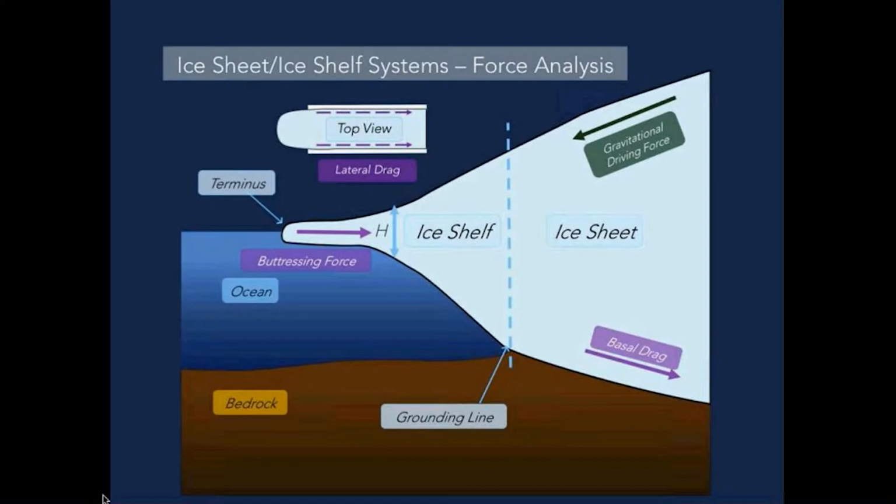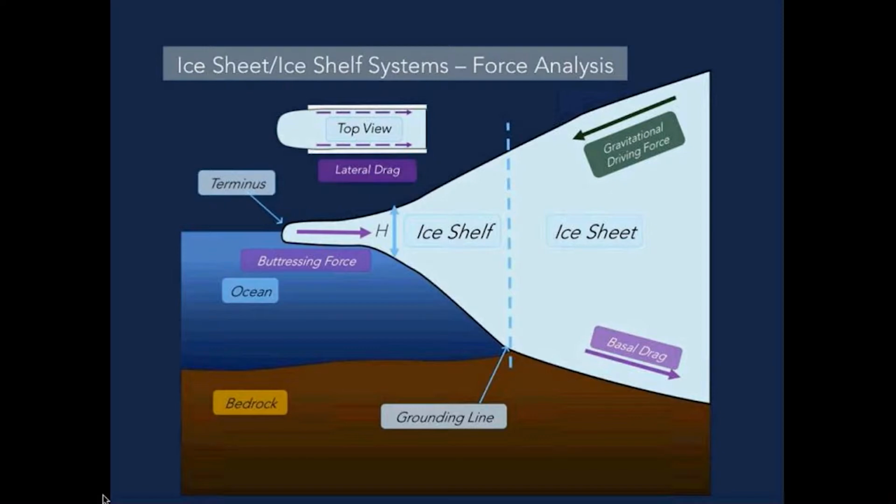And then to counter that, you have the basal drag force, which is friction along the bed of the ice sheet. And then, because of the sidewalls, if we look at the upper left-hand corner, you have lateral drag because of the sidewalls that are confining the ice sheet. And these sidewalls can be maybe like a fjord or a valley, something along those lines.